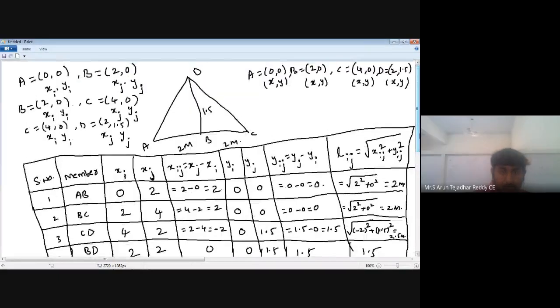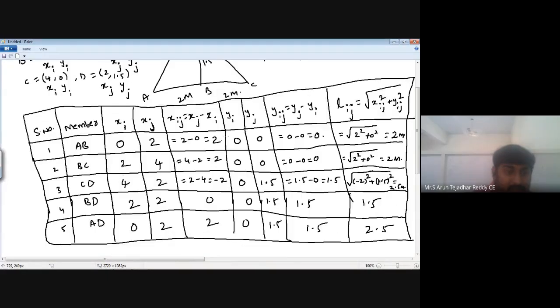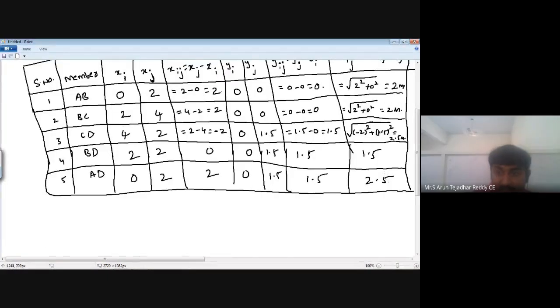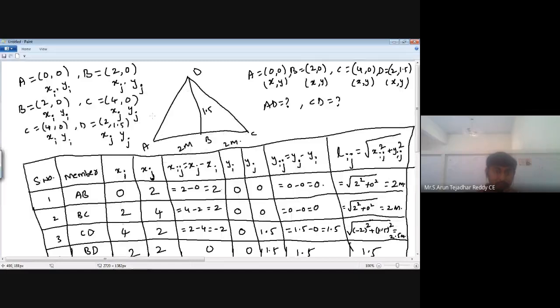And here our unknown lengths are AD and CD. Once see here, AD, finally we got 2.5 meter, and CD also 2.5 meter.